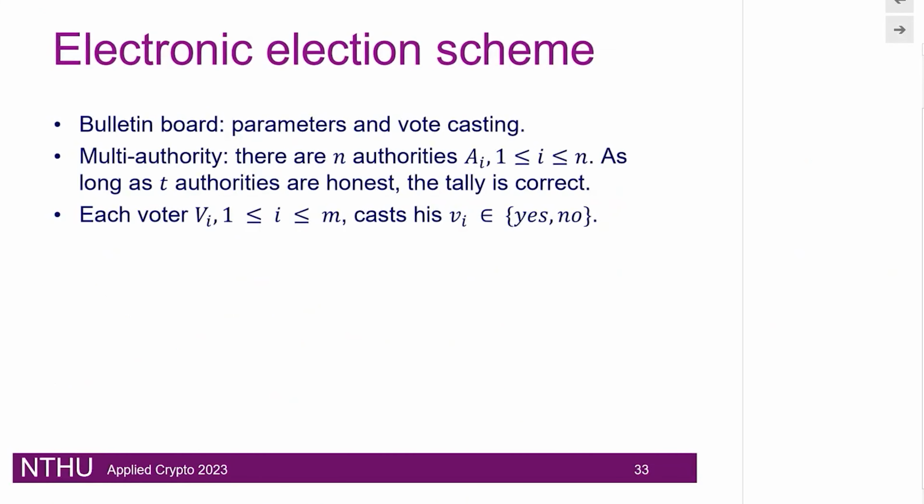All right, going back to our election system. So now that we know that we didn't like the idea of having one trusted center, to be honest, one of the ways that we can get rid of that is to replace that one authority, that trusted center, with n different authorities.